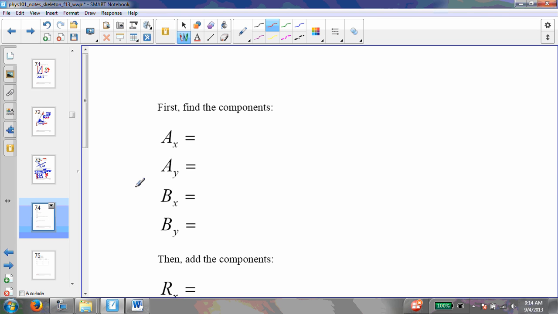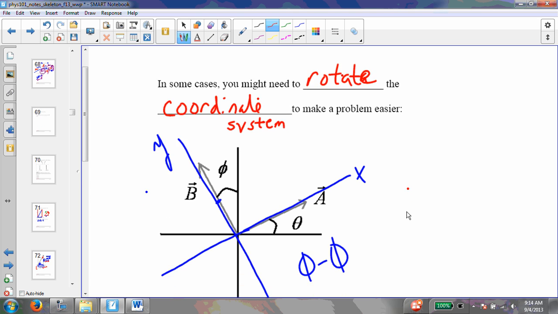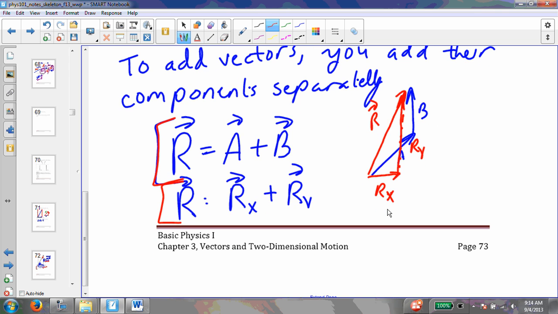Now first I want to find the components. So I want to find ax and ay. I'm sorry, I'm missing something here. Also need to recognize that Rx is the sum, you'll see this when we work a problem, Rx is going to equal the sum of Ax plus Bx.